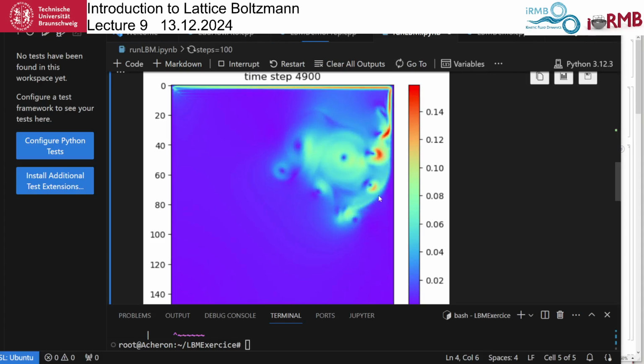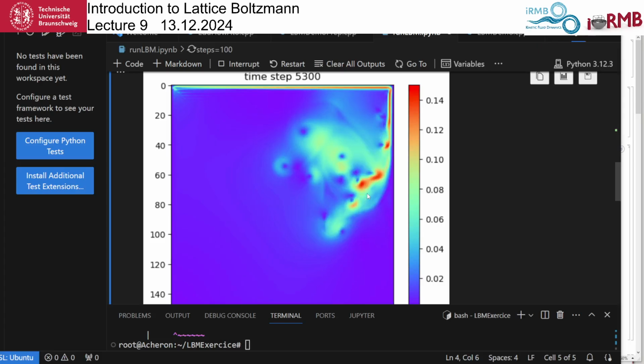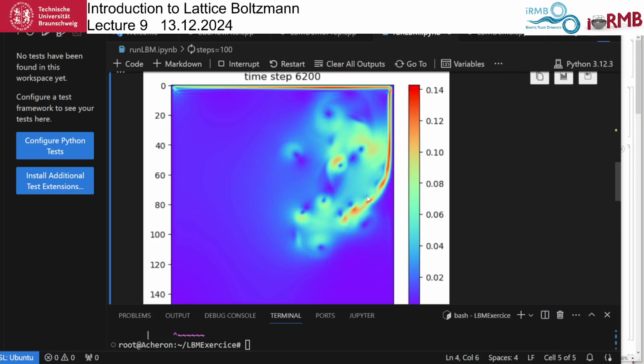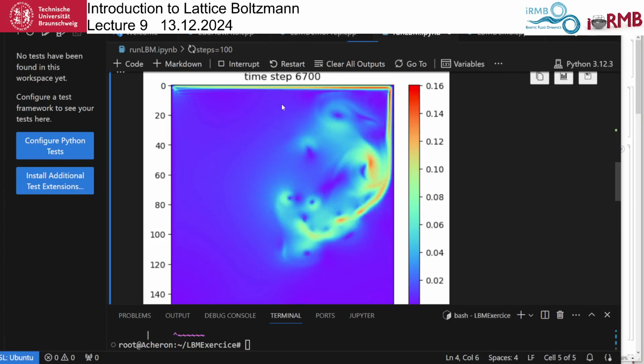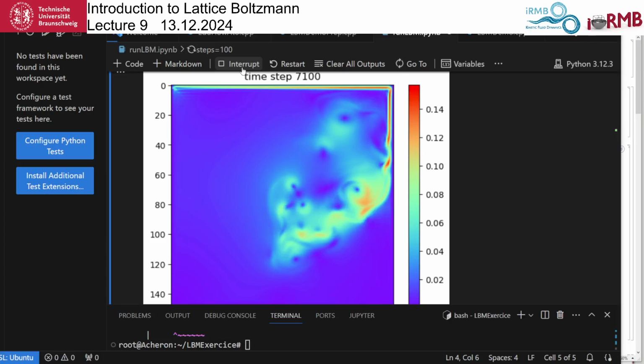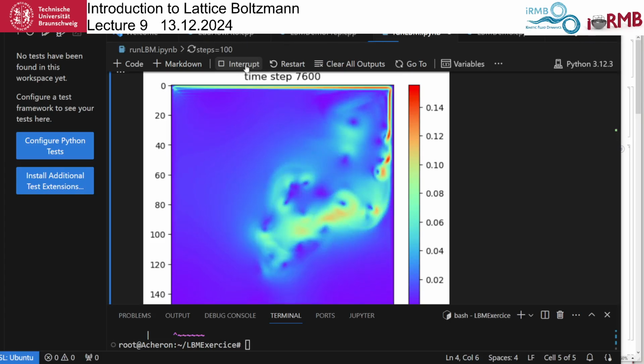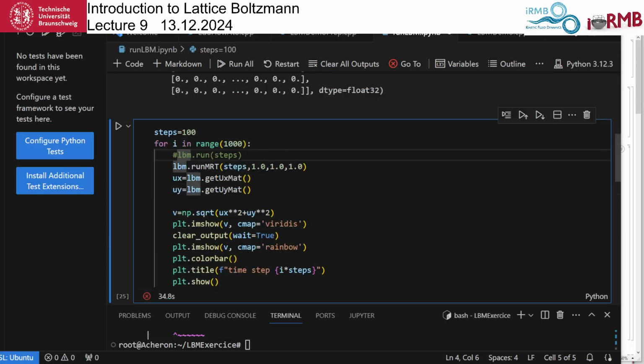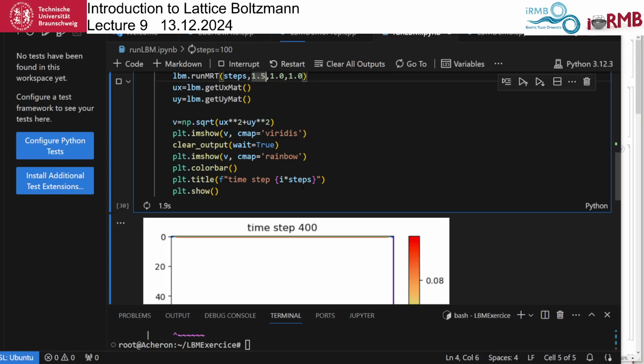I don't know whether it remains stable, but it remains stable for longer. Now we can play around with these. For example, what happens if I put omega p to 1.5? It crashes immediately.